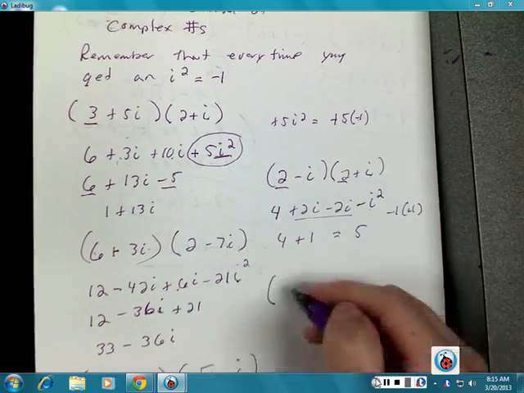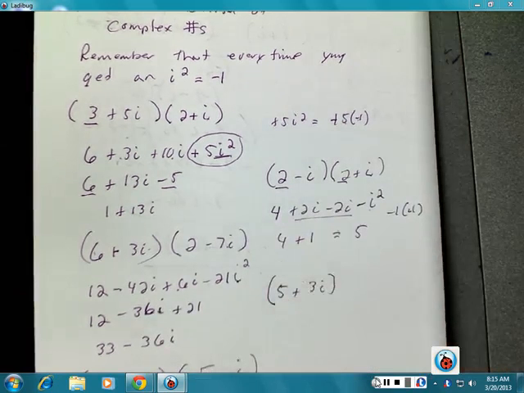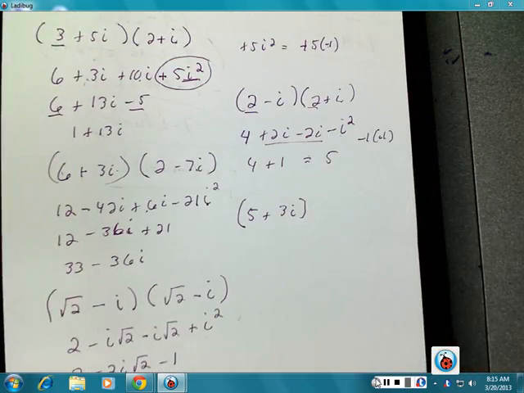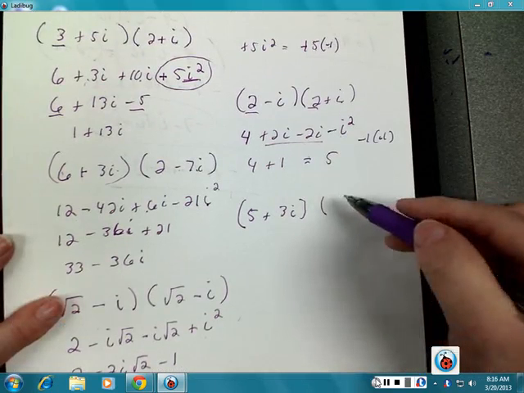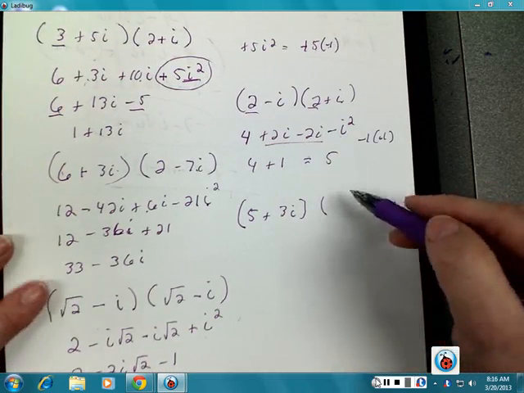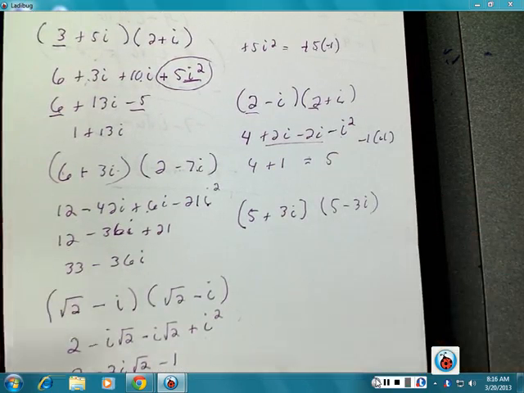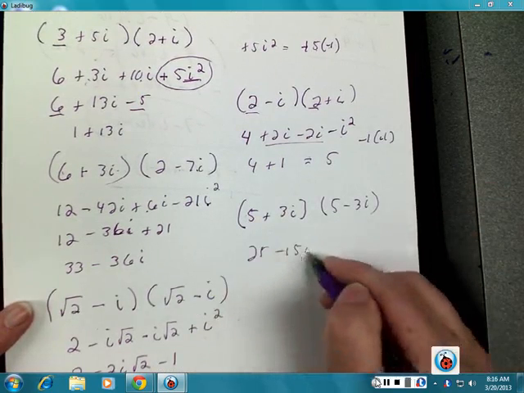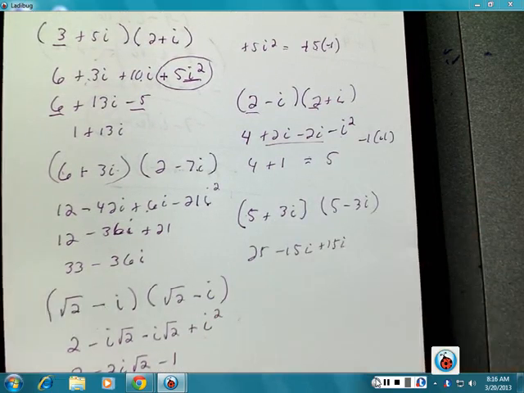So let's say I gave you 5 plus 3i, and I want its conjugate. I want the thing that matches it, that makes the center go away. What would I put? 5 minus 3i. And then if I FOILed that out, it would end up going away, because the negative 15i and the positive 15i disappear.